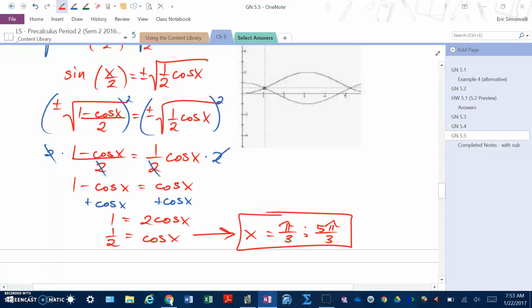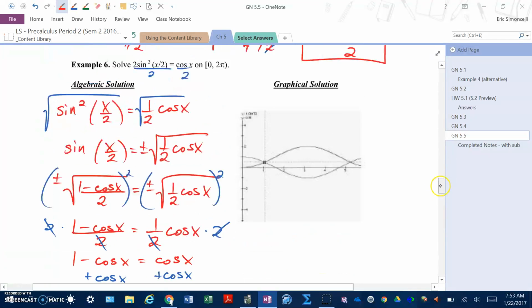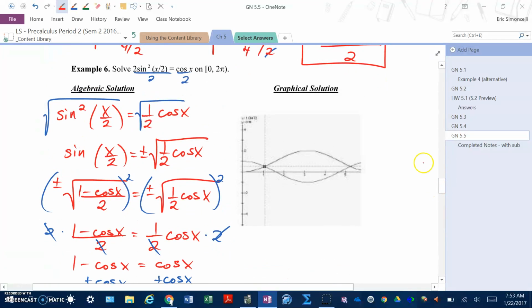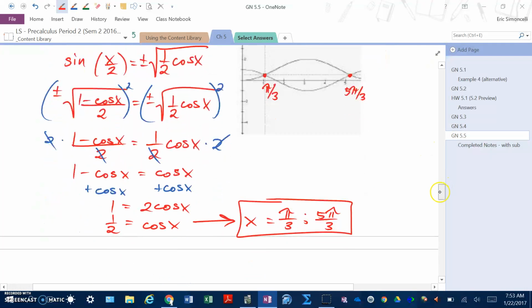Graphically speaking, we can type this in, with y1 set as 2 sine squared x over 2, and y2 as cosine of x, and you'll see these 2 functions intersect here and here. So pi over 3 and 5 pi over 3. The graphical solution I've already done for you.